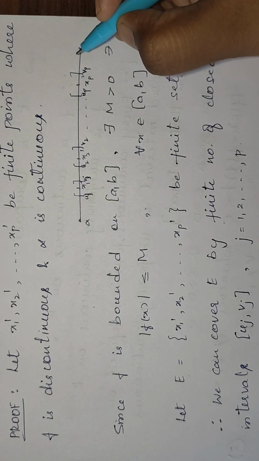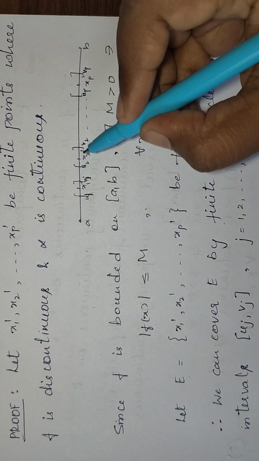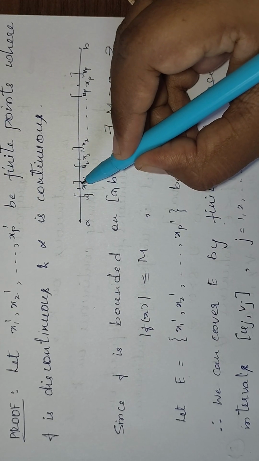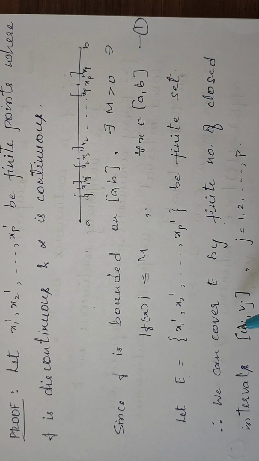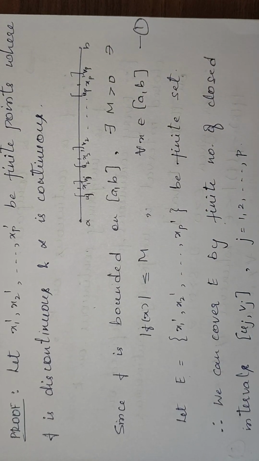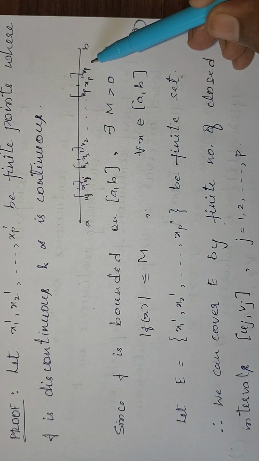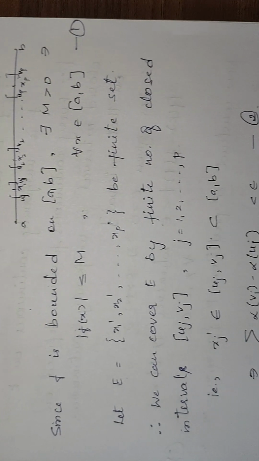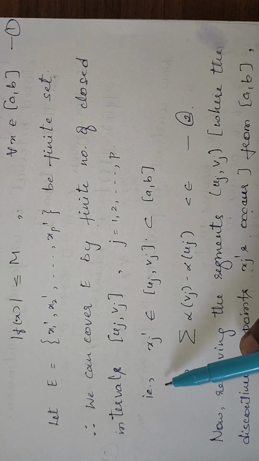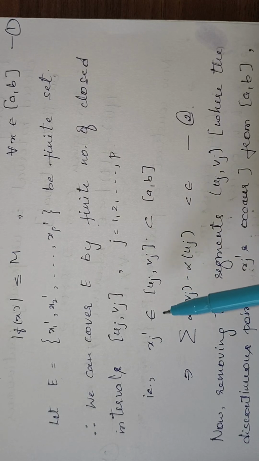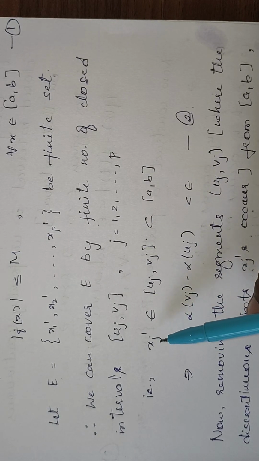I am choosing very small intervals so that it covers x1'. So we can cover the whole set E by a finite number of closed intervals [uj, vj], where j is from 1, 2, 3, etc. up to p. So xj' is x1', x2', etc. up to xp'. I have taken that as j in general.